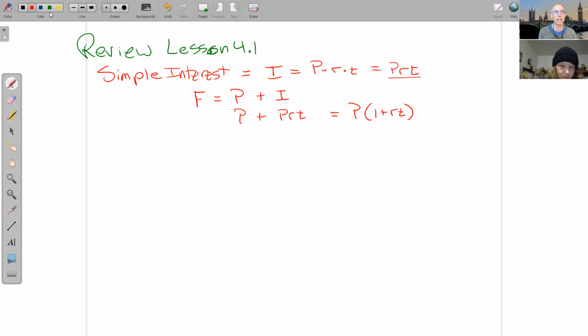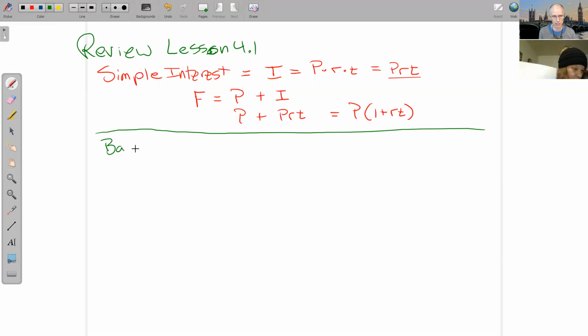Compound interest is when you take that money and you reinvest it in the same account. So we turned this into compound interest. And at first we just looked at basic yearly compound interest.